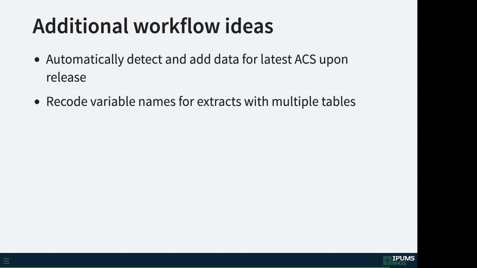So one idea is to use the metadata, where you can see the mapping between the variable codes and the descriptions of those variables, to generate more human readable variable names and automatically recode the column names. This is something that some folks working with our data internally here at IPUMS have done for some of their projects. So this is certainly doable. It can be a little bit finicky because the variable naming schemes can be complicated or verbose at times.